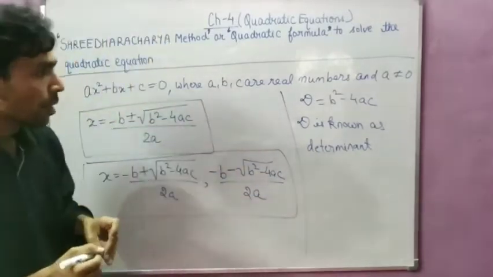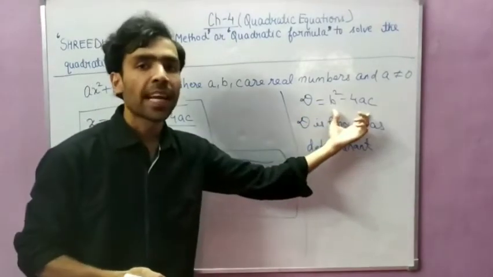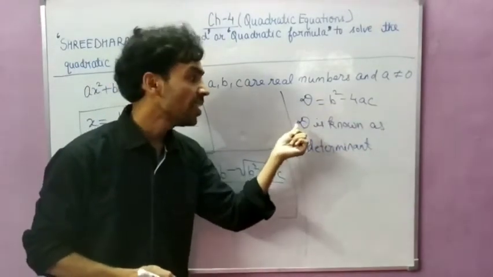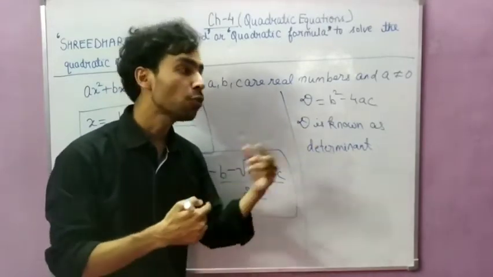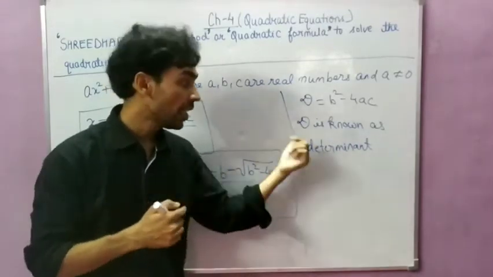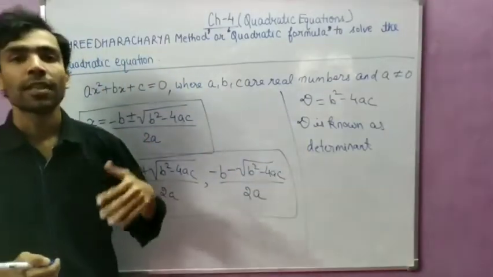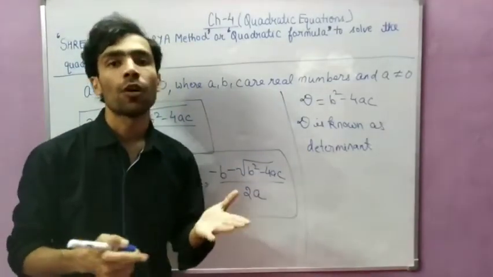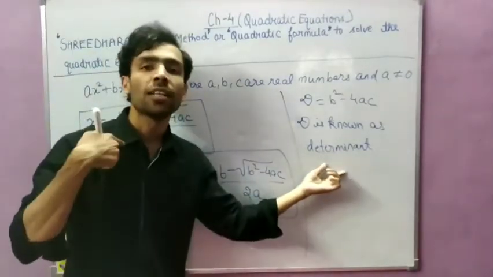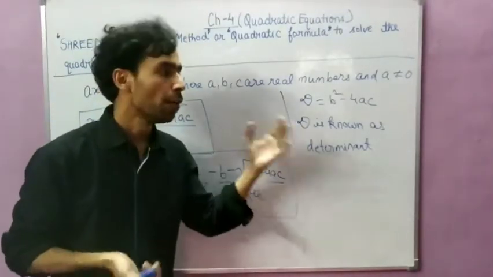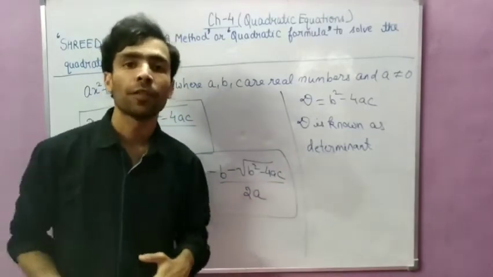Just remember, b square minus 4ac can be replaced by D, and this D is known as the determinant. And what is the use of this D? This D signifies what type of nature of roots a quadratic equation can have. It generally shows the nature of the roots, which we will discuss in a later part of the video.